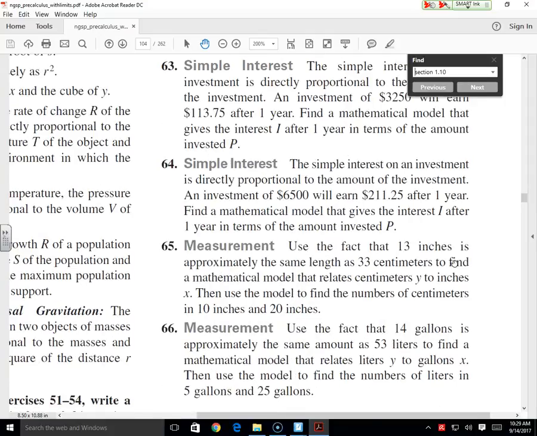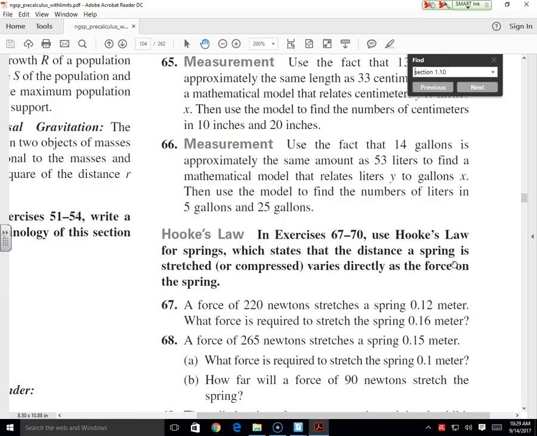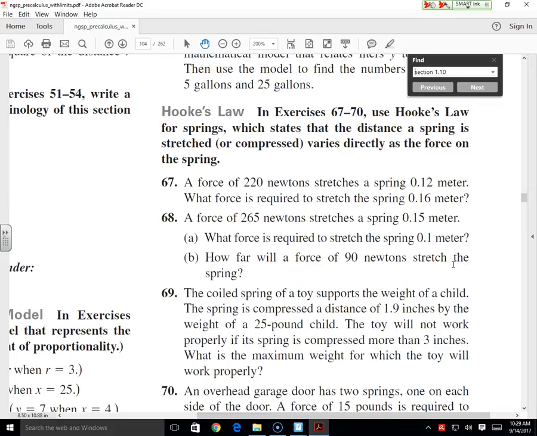Force, interest, measurement. Ooh, pause. I have you guys write directions and problems, right? So if you get to number 67, you're like, what's my model? What should you have done? And what do the directions say? Hey, there's a thing called Hooke's law. And guess what?